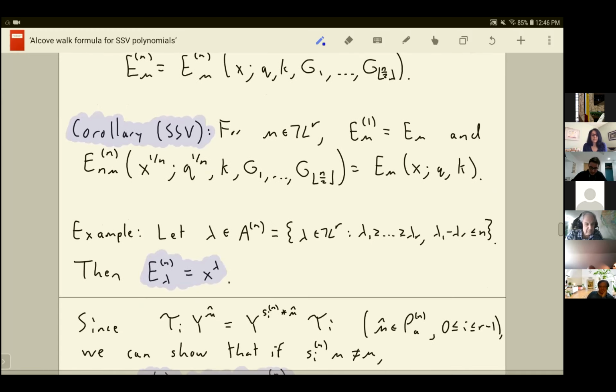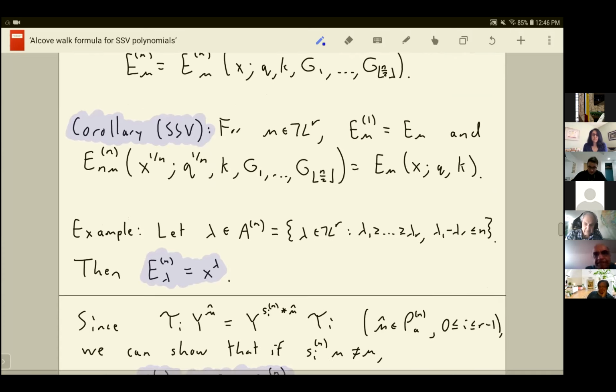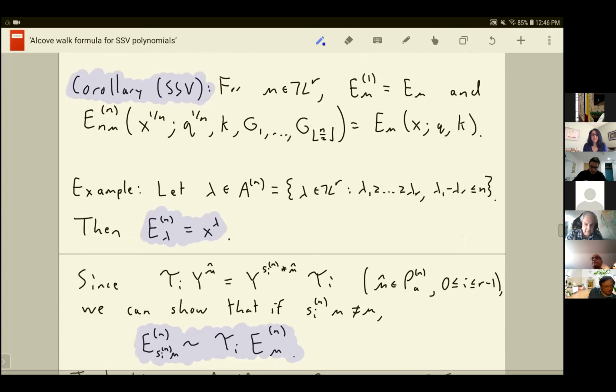And still, the analogs of the taus satisfy this nice property with the Y's. So we can show that we have a recursion just like in the Macdonald case. Tau i takes E mu to E s_i mu.